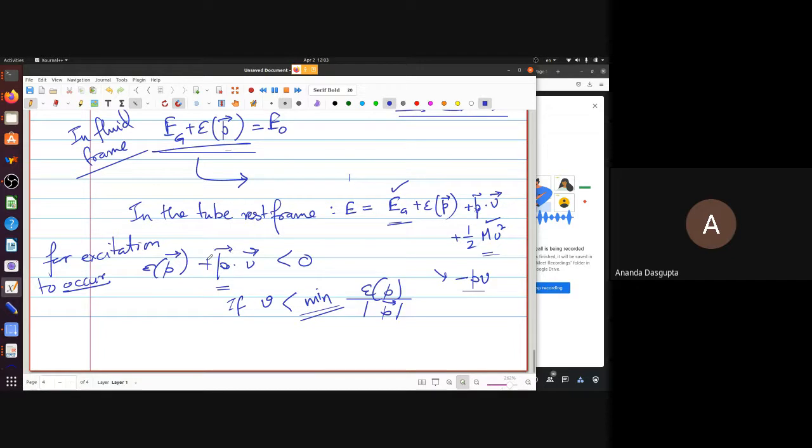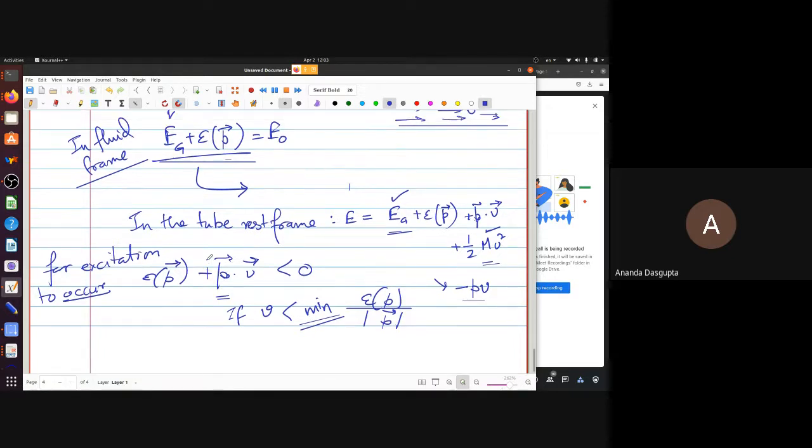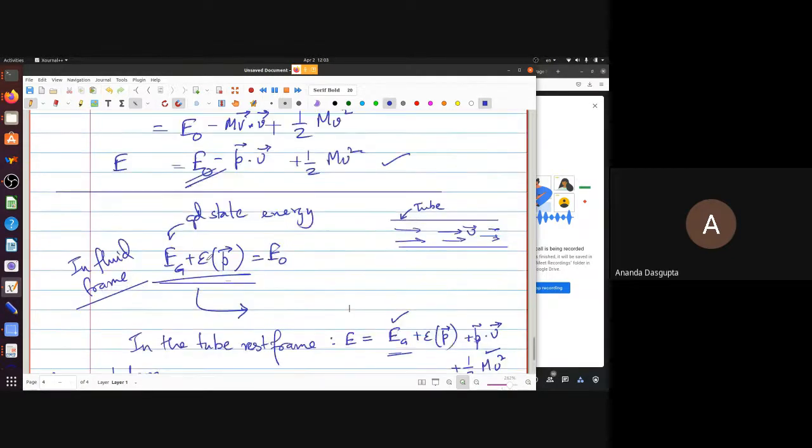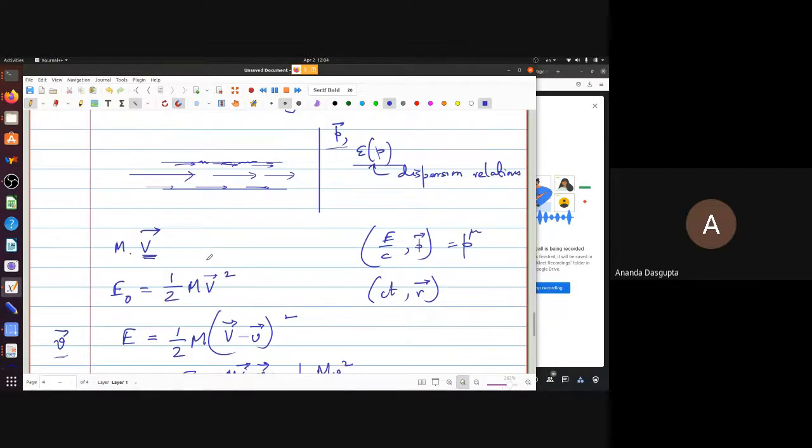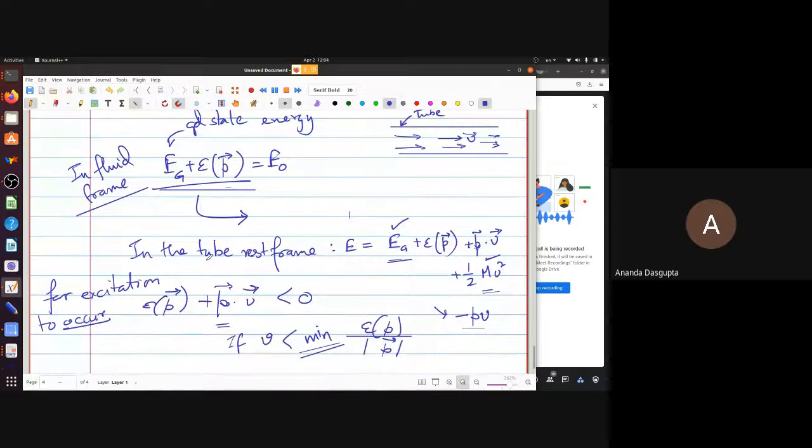So what Landau could argue is that a superfluid, if we are flowing fast through a tube, so fast that we exceeded this minimum value, then it would be possible for interactions with the tube to produce excitations in the superfluid that would actually take it out of the condensate state.